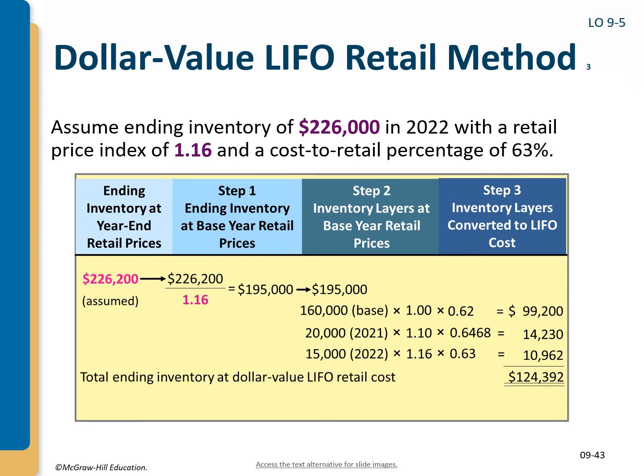And then we added another 15,000 of layer in 2022, which will be based at 2022's retail price index. We further multiply that new retail amount for each layer by its cost to retail percentage for that year. So maybe our records say our inventory is valued at 226,000 at retail. But the cost of it under dollar value LIFO retail method, 124,392.